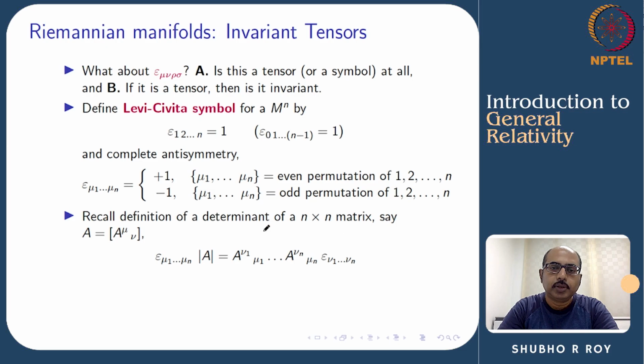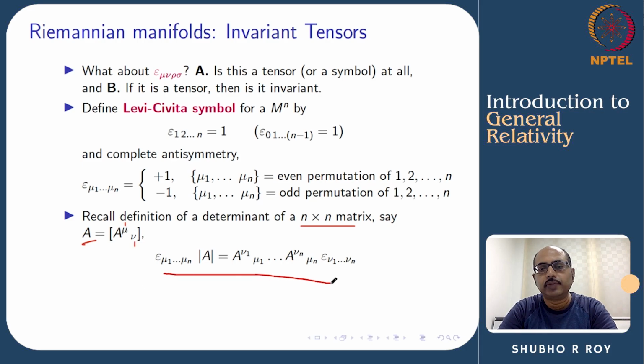To see that, first we have to recall the definition of a determinant of an n by n matrix. So an n by n matrix, which is A, and its elements are A^mu_nu. The row index is upstairs, the column index is downstairs.